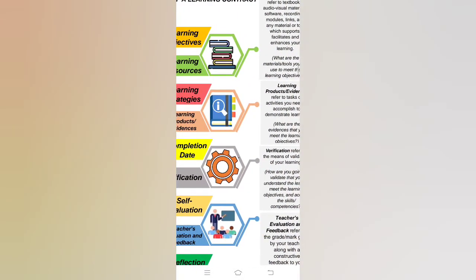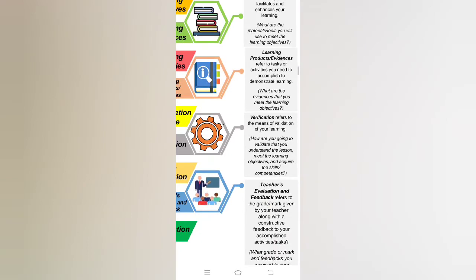We also have teacher's evaluation and feedback. Teacher's evaluation and feedback refers to the grade or mark given by your teacher along with a constructive feedback to your accomplished activities or tasks. So dito sa teacher's evaluation and feedback, ito yung magiging actual grade or actual mark na ibibigay ko sa inyo based dun sa sinubmit nyong learning tasks or learning evidences.